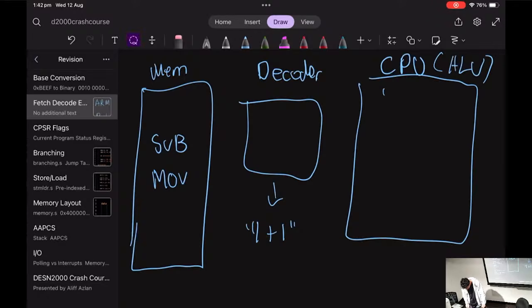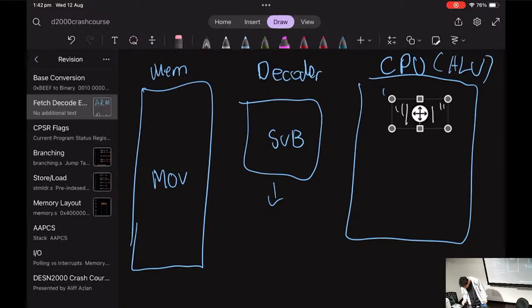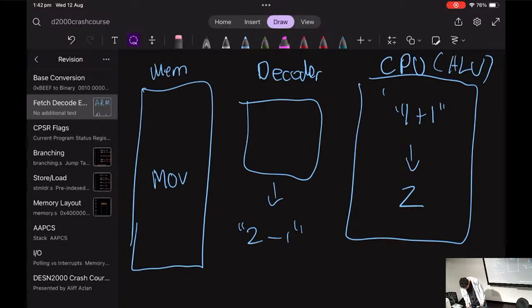And as it's decoding, the next instruction is being moved to the decoder. Then on the next clock cycle, the instruction is actually executed in the CPU. And whilst that's being executed, the decoder decodes this instruction. And let's say that's, I don't know, 2 minus 1.